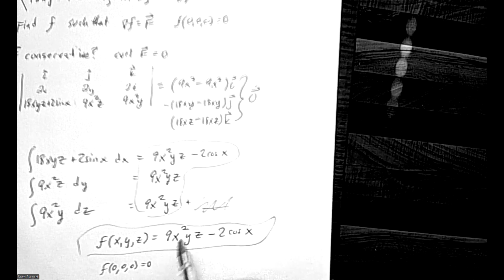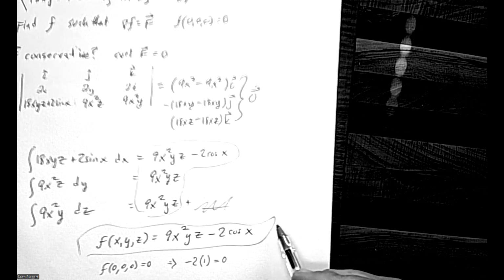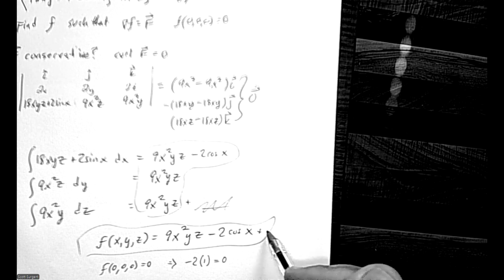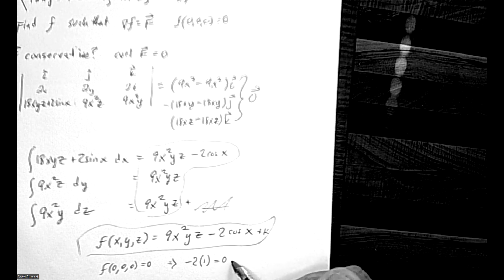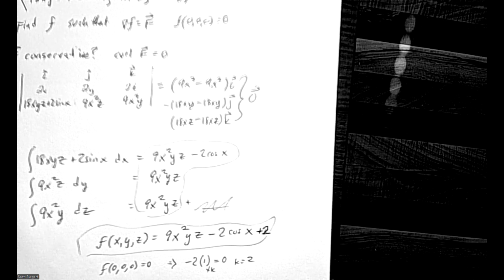You plug in zeros, that just drops out. You get negative 2 cosine 0, which is 1, equals 0. I should have included a constant of integration. I could just call it k. So negative 2 plus k would have to equal 0, so k would have to be 2. So it looks like just shove a 2 in there, and that should do the trick. There you go.